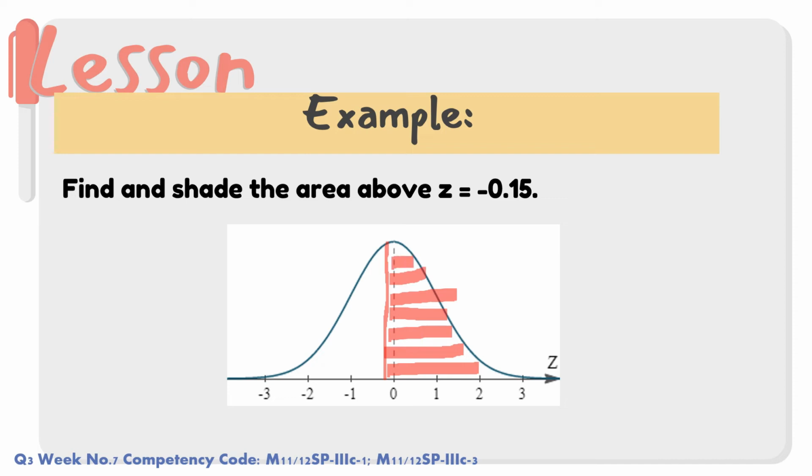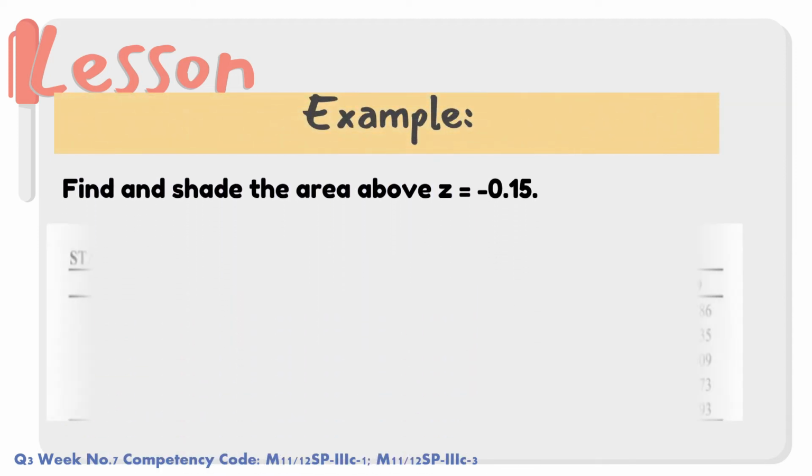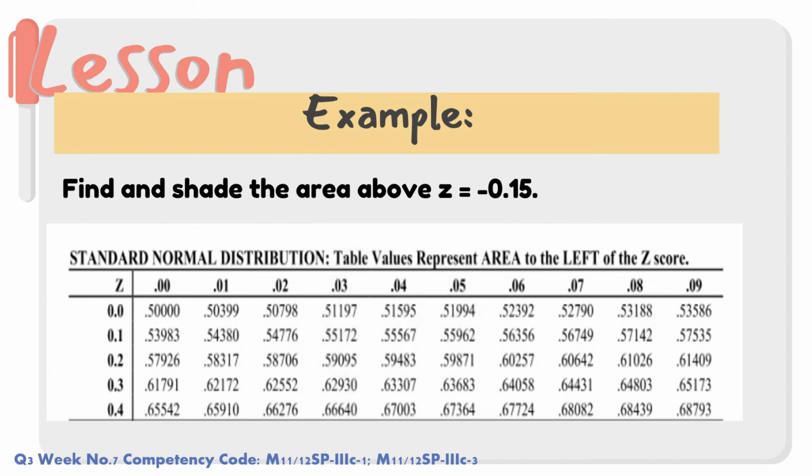Oops, dapat yan lagpas. Okay, that is the required area for z equal to the right of z equals negative 1500ths. Since the shaded area is more than the half, we will use again the z-table with positive values. First, locate the first 2 digits with a 0.1 on the first column.